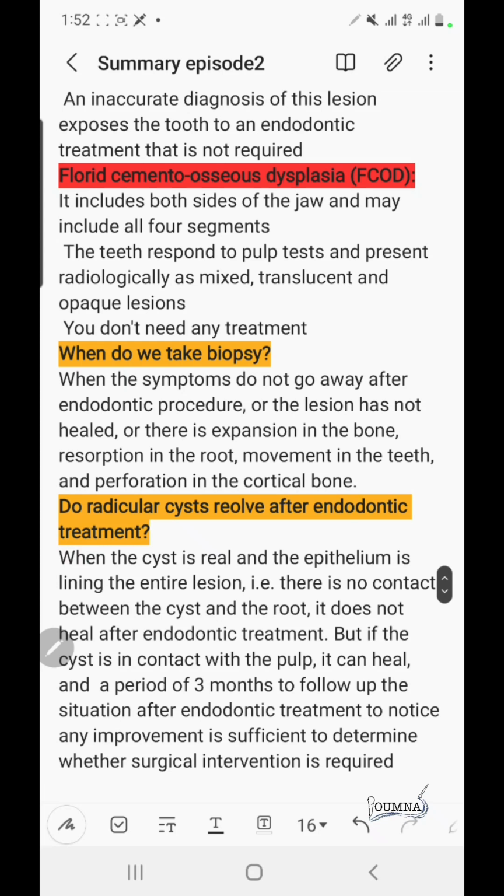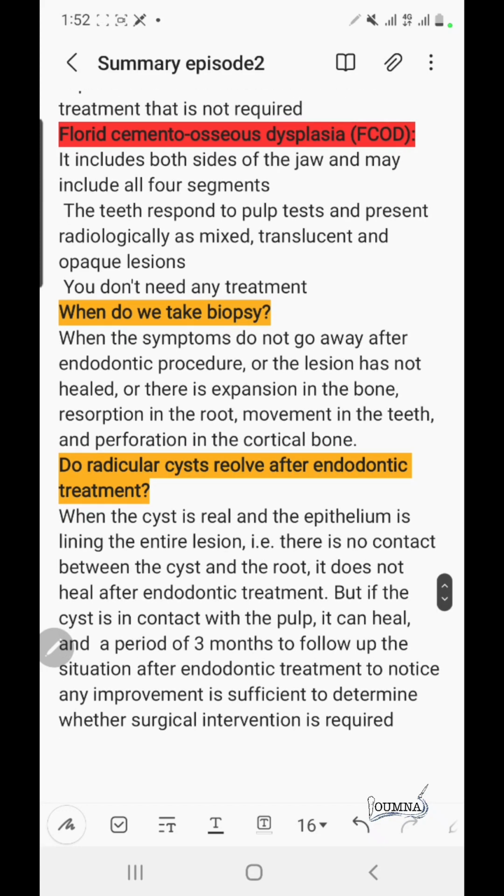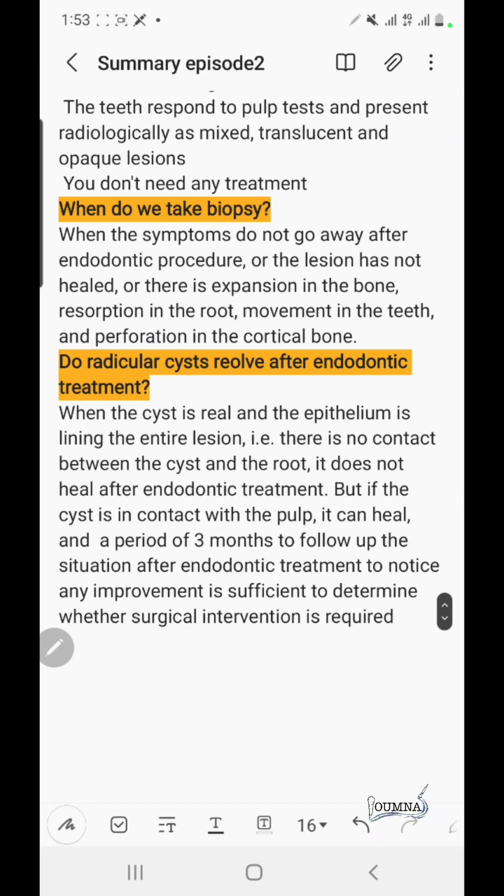The PCOD includes both sides of the jaw and may include all four segments. The teeth respond to pulp tests, and it presents radiographically as mixed, translucent and opaque lesions. No treatment is needed.